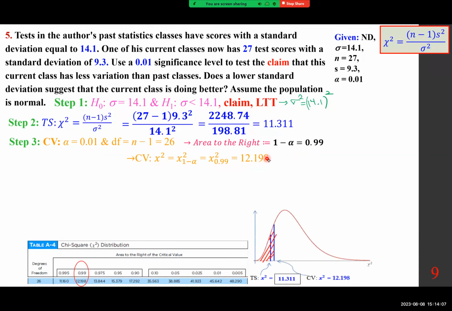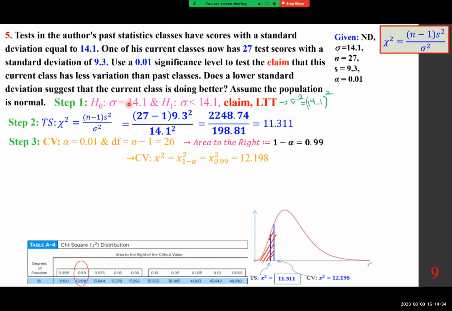Let's do the drawing. Here's your critical value, here's the rejection region, and here's the non-rejection region. Your test statistic, and remember it starts from 0 and goes to infinity, is less than the critical value. That puts us way into the rejection region. So we are going to reject the null hypothesis.